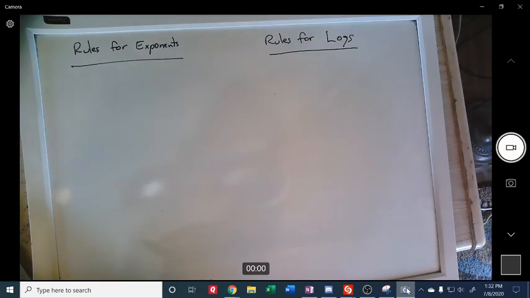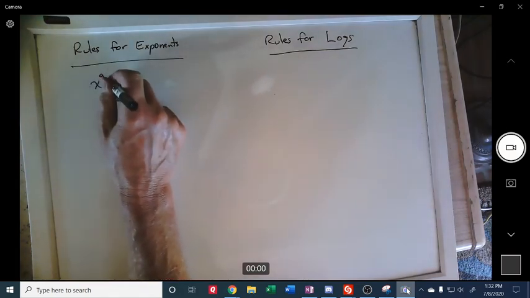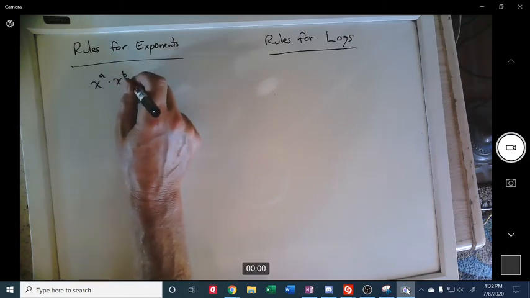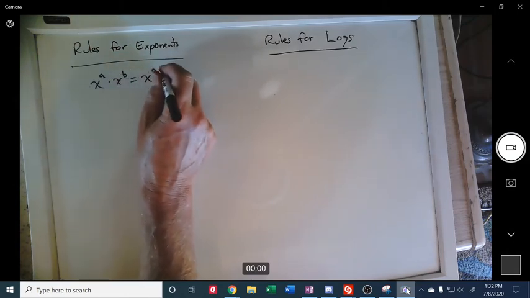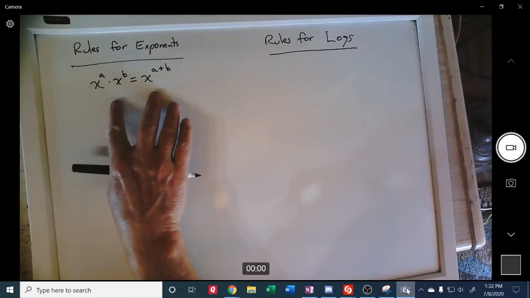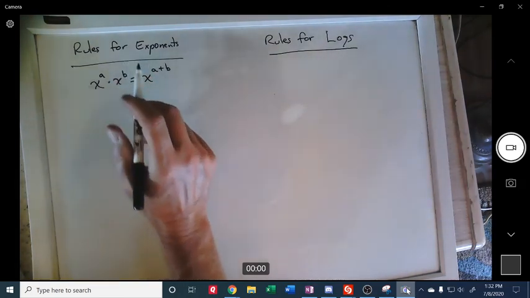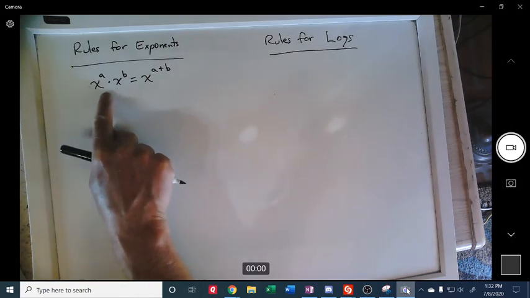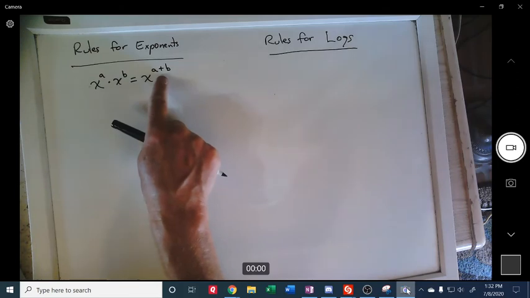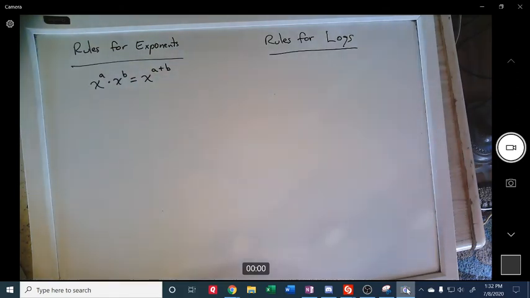The rules for exponents were really crazy. x to the a times x to the b is x to the a plus b. We're so used to this rule that we deal with it like it's no big problem, but it really is strange. There's no addition on the left-hand side, and the multiplication seems to magically turn into addition when you combine into one base.